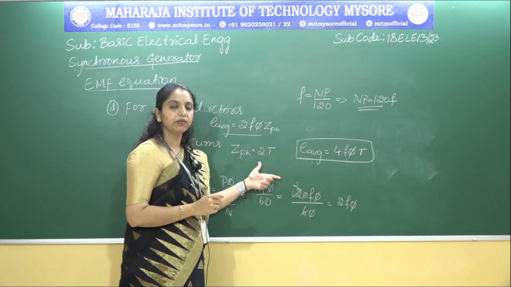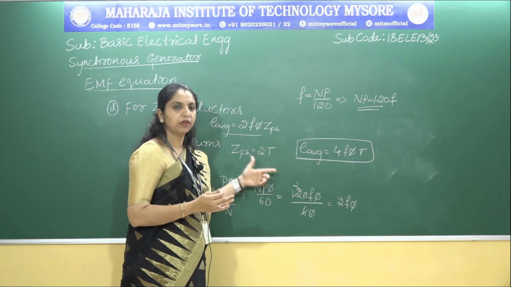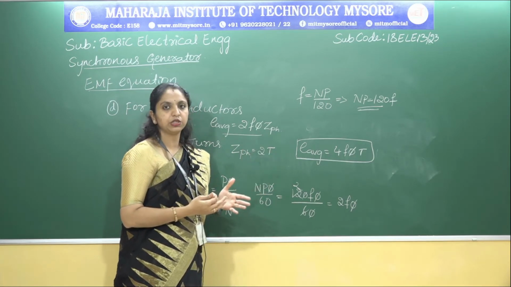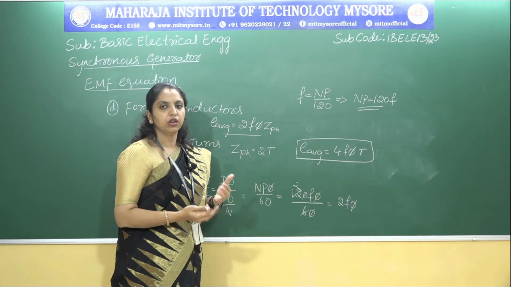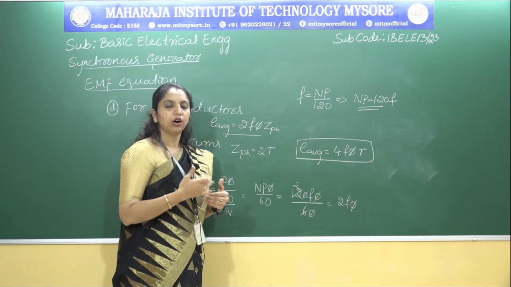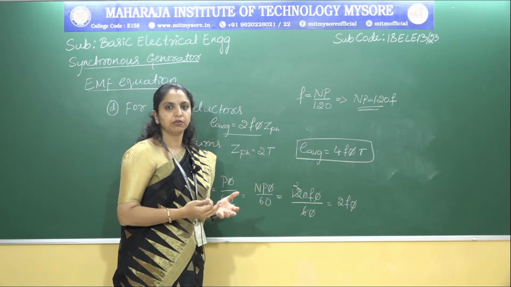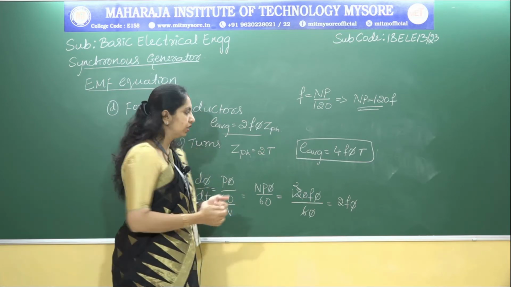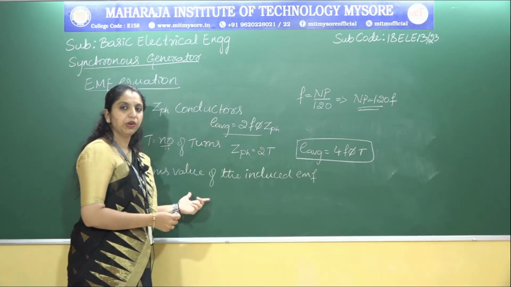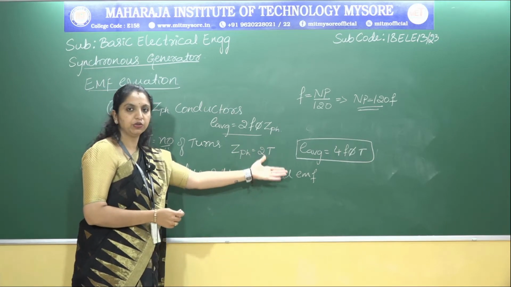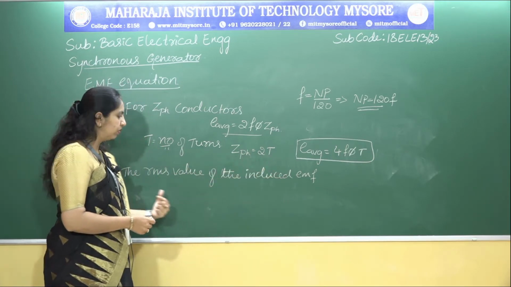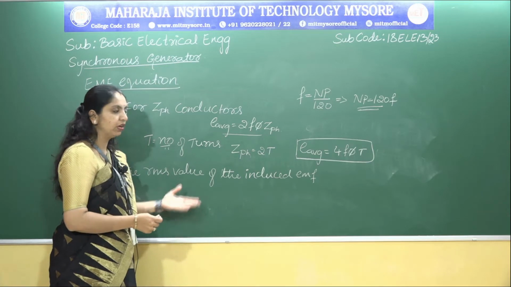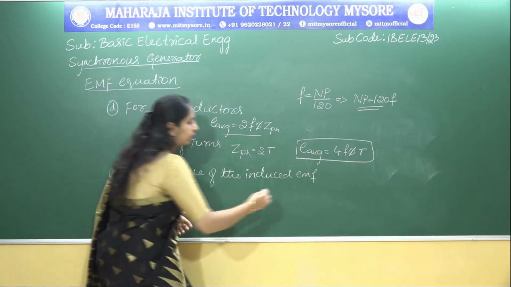Okay. So here we have derived only the average induced EMF, and further we need to have this equation in terms of RMS value. As I have already discussed how we can convert the average induced EMF into RMS value, that is using the form factor equation. Next we are going to express this average induced EMF as the RMS value of the induced EMF per phase.